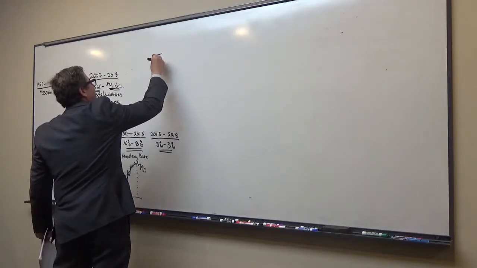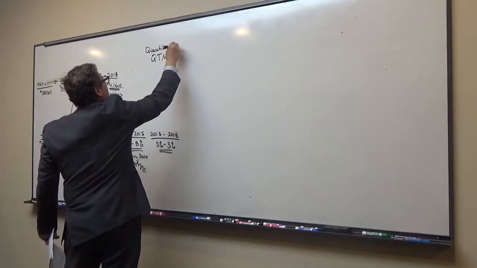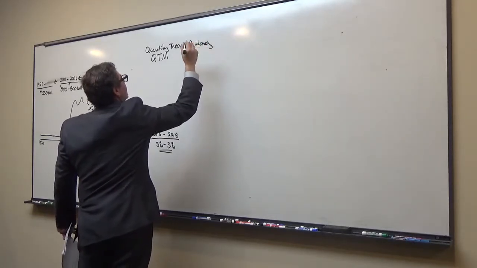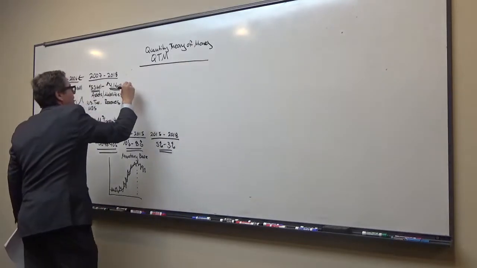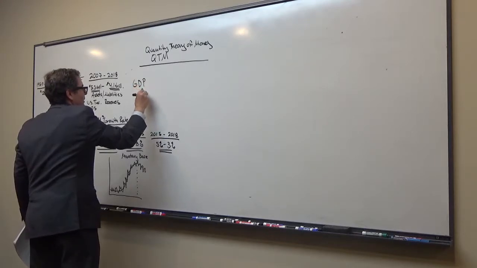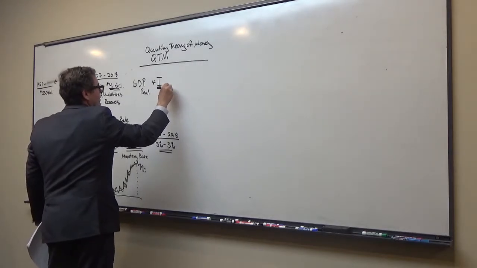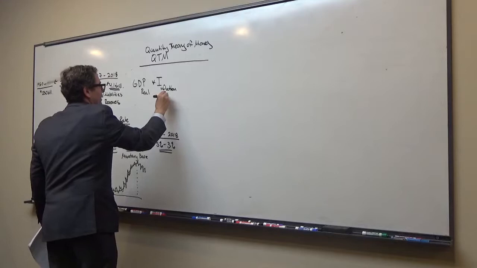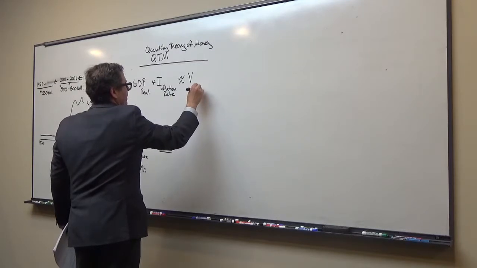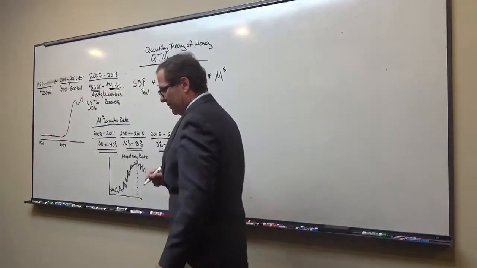So the quantity theory of money basically states that real GDP times the inflation rate is equal to the velocity of money times the money supply growth rate.